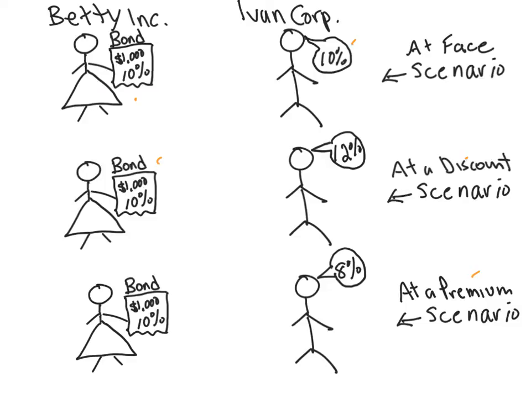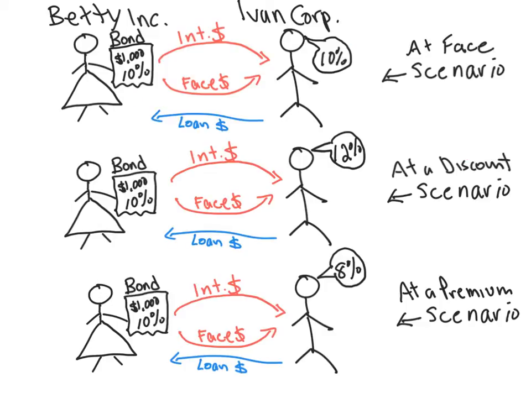Now let's talk a little bit about the cash flows that come from these situations. In each scenario, we're looking at the red flows here. That represents the cash flows that come from the bond and that Ivan will receive. And in all cases, Ivan will receive some kind of interest payment.